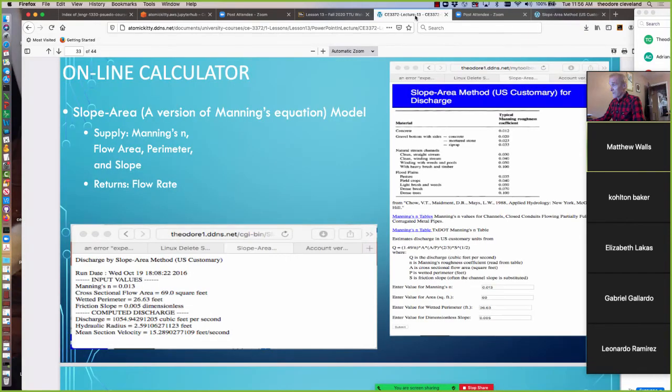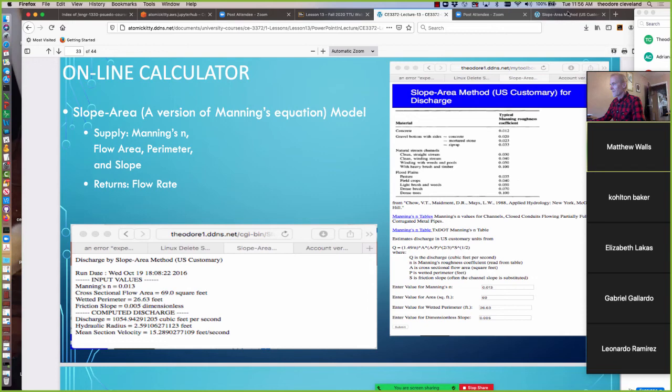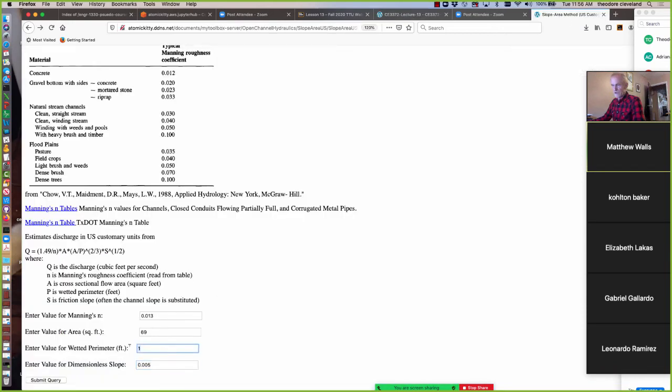So literally I have to go look at it again because my memory stinks. 0.013, flow area 69, this was 5 parts in 1,000. Wetted perimeter was 26.63, which we obtained from earlier online tools.